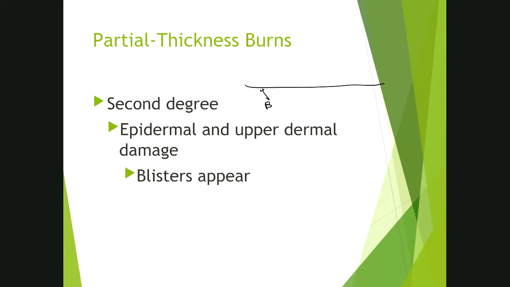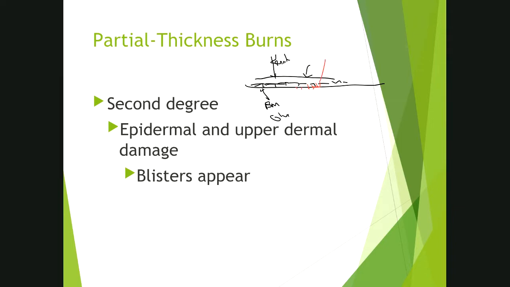And that basement membrane is like glue that holds everything down. So here's the cells up here. It's glued down. And then there's this layer up here that has keratin in it, which is a little bit waterproof. Well, a second-degree burn destroys this basement membrane.